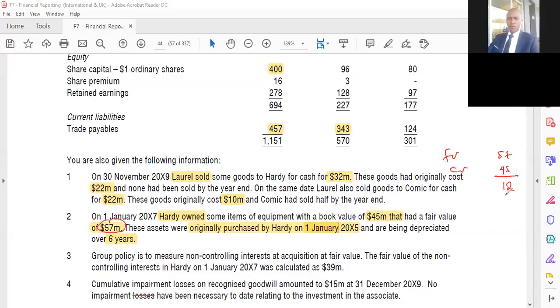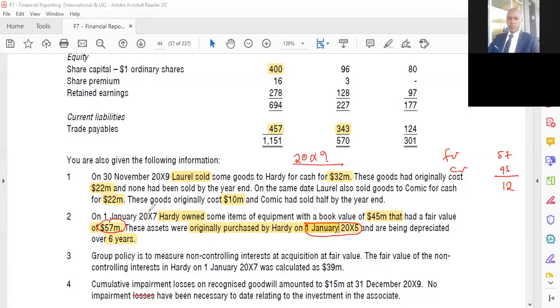Unfortunately, this 12 is not a true gain. Why? Because this asset was purchased in 20x5, so there is some depreciation. But when are we preparing our books? When are we reporting? We're reporting in 20x9.